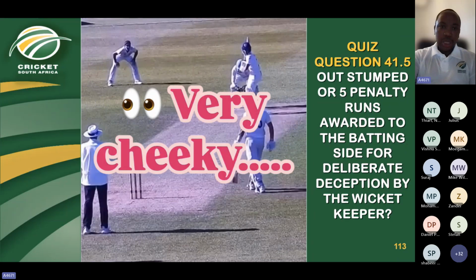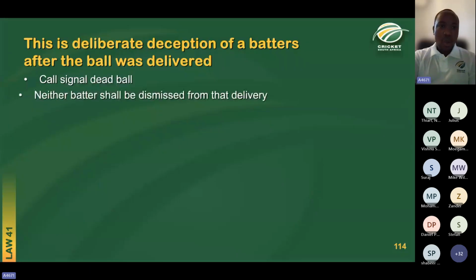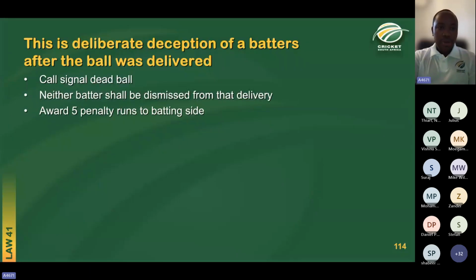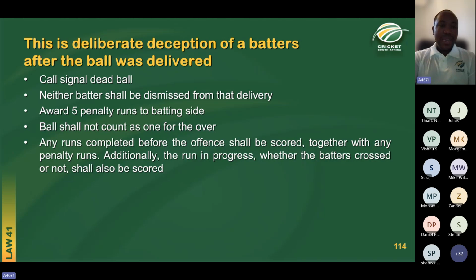The ball shall not count as one in the over. We need to award 5 penalty runs to the batting side. The ball needs to be re-bowled. Any runs completed before the offense shall be scored together with any penalty runs. Additionally, the run in progress, whether the batters had crossed or not, shall also be scored.